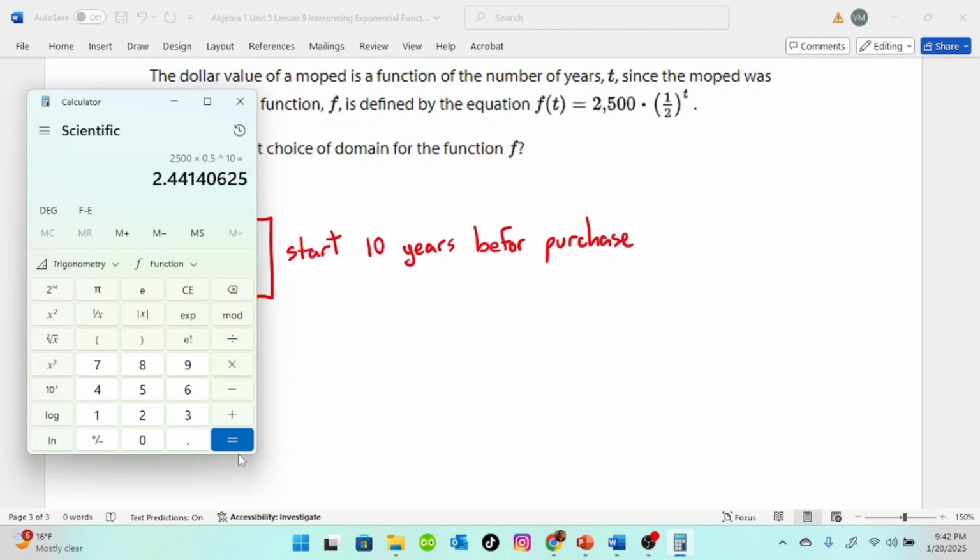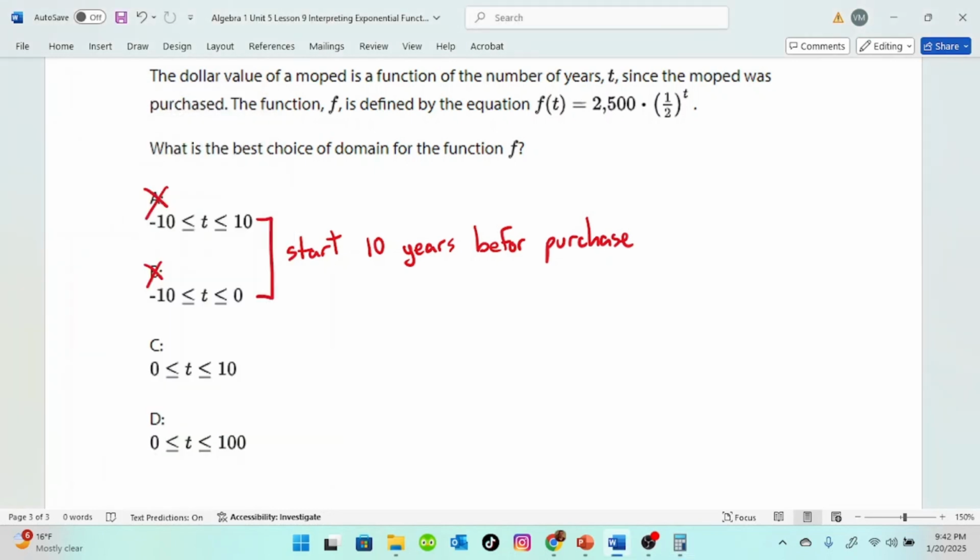If we tried to continue cutting it in half for another 90 years, we would be at a very small decimal fraction of a penny. So 10 years is probably as long as we could realistically go.